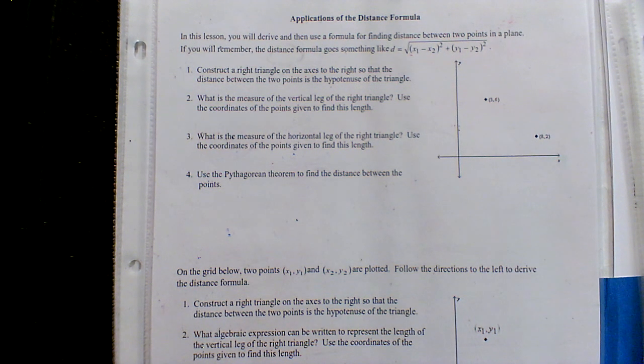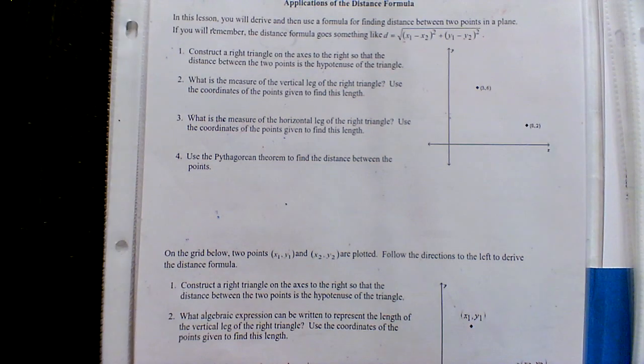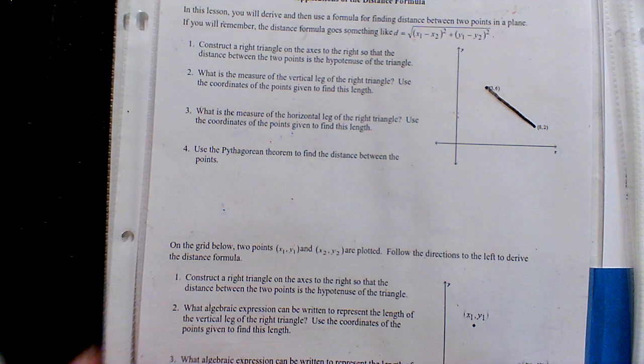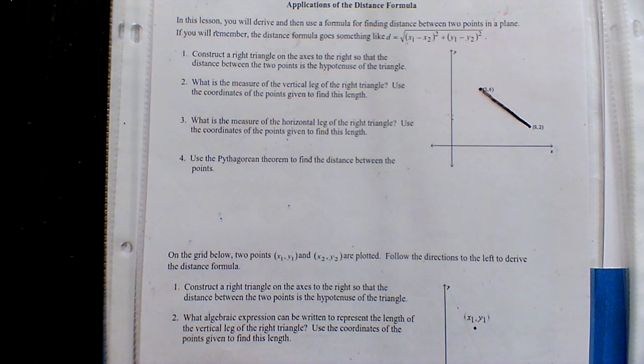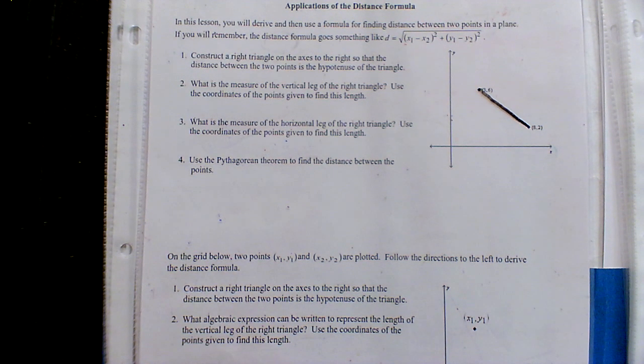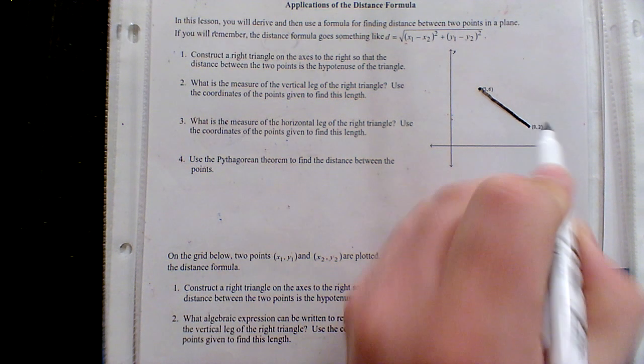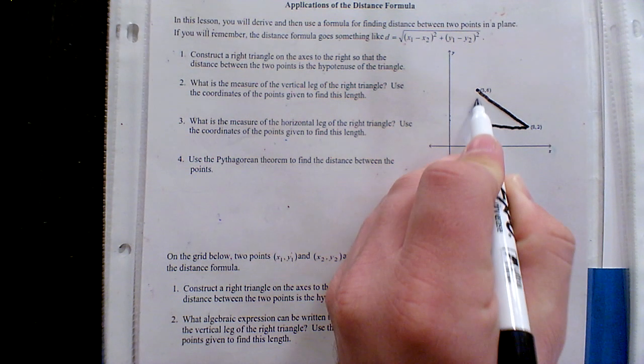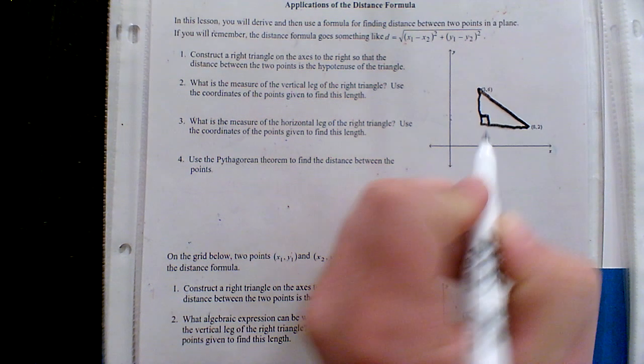So number one, construct a right triangle on the axes to the right so that the distance between the 2 points is the hypotenuse of a triangle. So we know we're going to be connecting these 2 points. But it says connect them so that we make a right triangle. Well, a right triangle has to have what? A 90-degree angle. So we're going to go straight across here and then straight up and make that 90-degree angle.